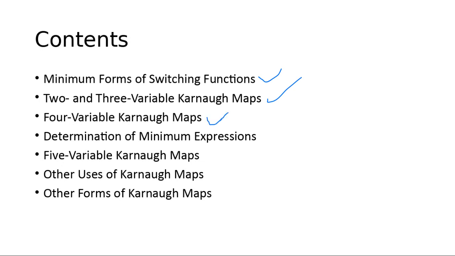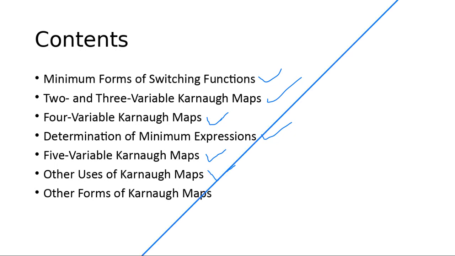We will learn determination of minimum expressions, 5 variable Karnaugh maps, and we will study other uses of Karnaugh maps. But we will not see the other forms of Karnaugh map. Maybe it's not this lecture. Maybe later we will see them.